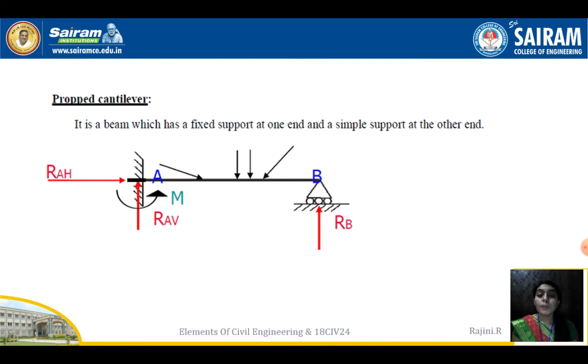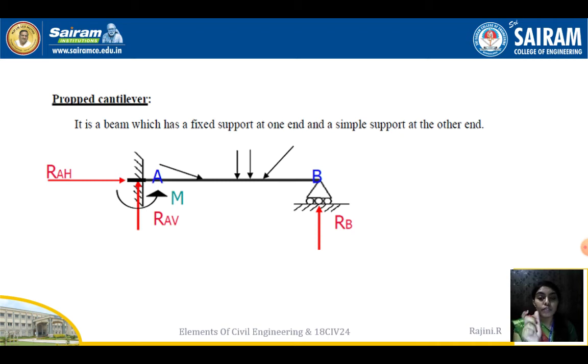Next one, propped cantilever beam. How will it look? You can observe one side fixed, and on the other side you have a roller support. This type of beam is called a propped cantilever. And guys, I'm telling once again, these types of beams mainly depend on the supports.